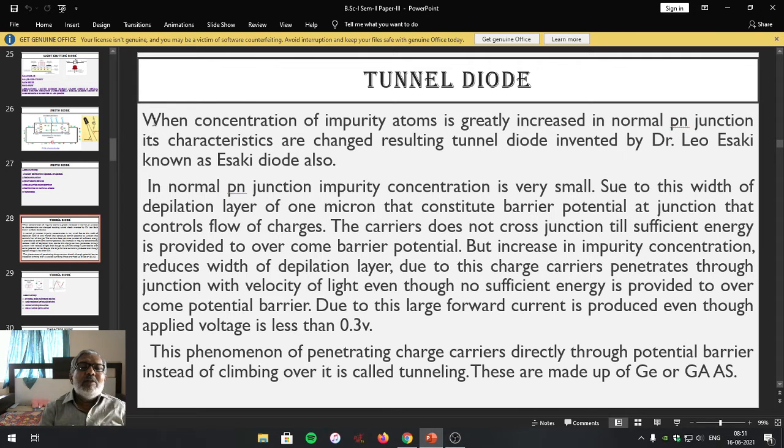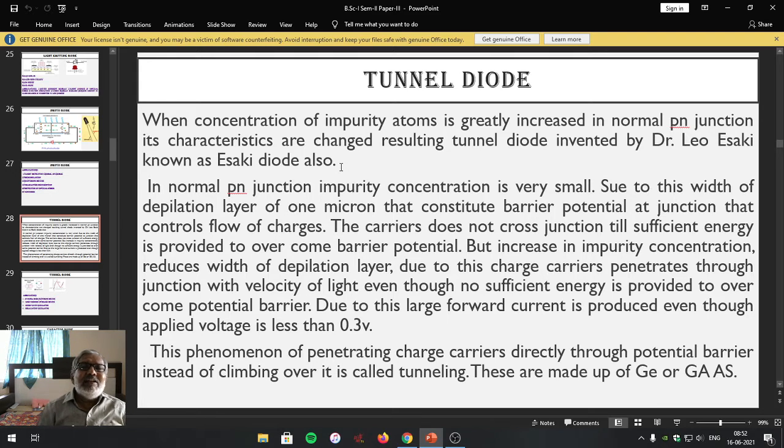So friends, when the concentration of the impurity atoms is greatly increased in a normal p-n junction diode, its characteristics are changed, and the resulting new diode, known as a tunnel diode, was invented by Dr. Leo Esaki. Hence, it is sometimes also known as the Esaki diode.